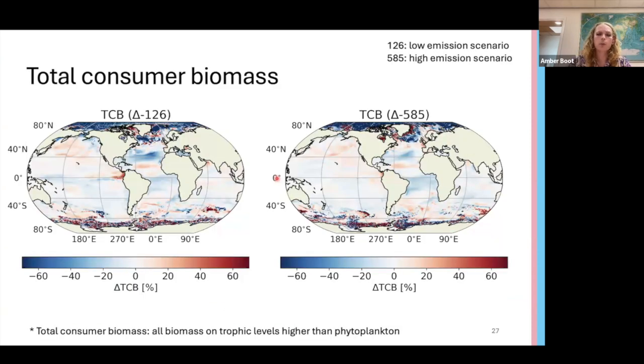So this is total consumer biomass, and that is all biomass on trophic levels higher than the phytoplankton groups. And well, one thing that really stands out immediately is that the high latitudes seem pretty messed up. And there are 2 reasons for that. One, this ecosystem model is run on a rectilinear grid.